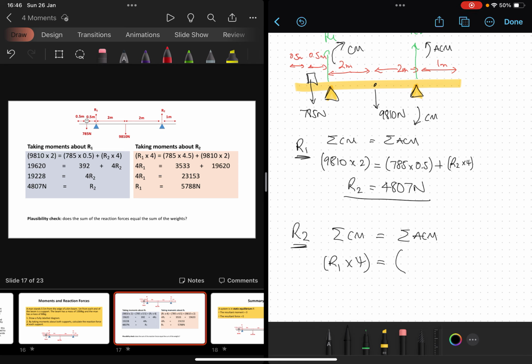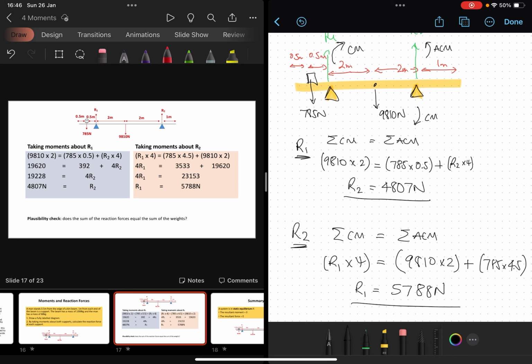They are the 9,810 force, which is 2 meters away from the second pivot, and also the 785 Newton force, which is actually 4.5 meters away from pivot number 2. If you solve all of that, you calculate R1 to be 5,788 newtons.